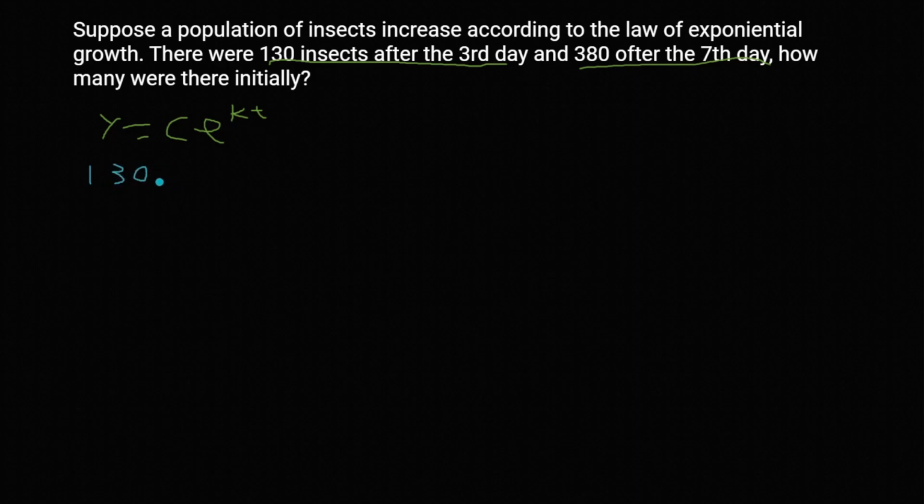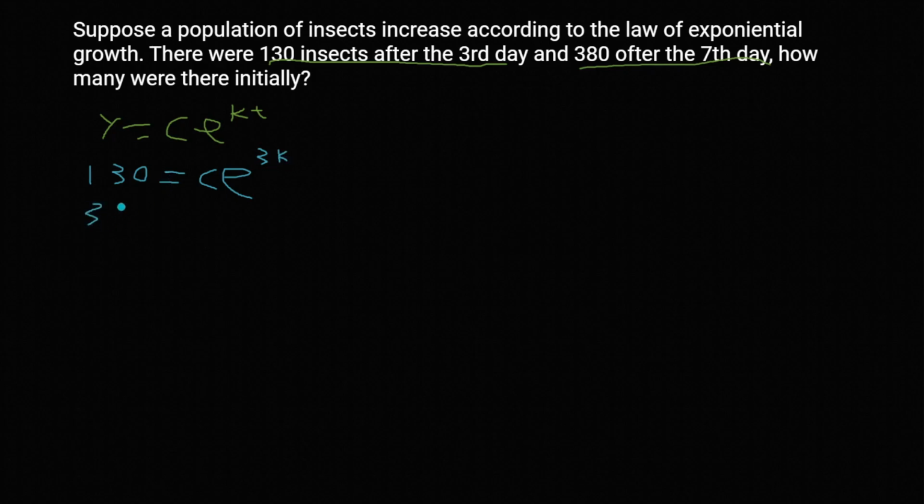So we don't have very much information, but we can try and solve for it. So 130 is our population, and this is after the third day. We don't know C, we don't know K, but we do know T. This is the third day. And for sake of writing this neatly, we're going to do 3K.